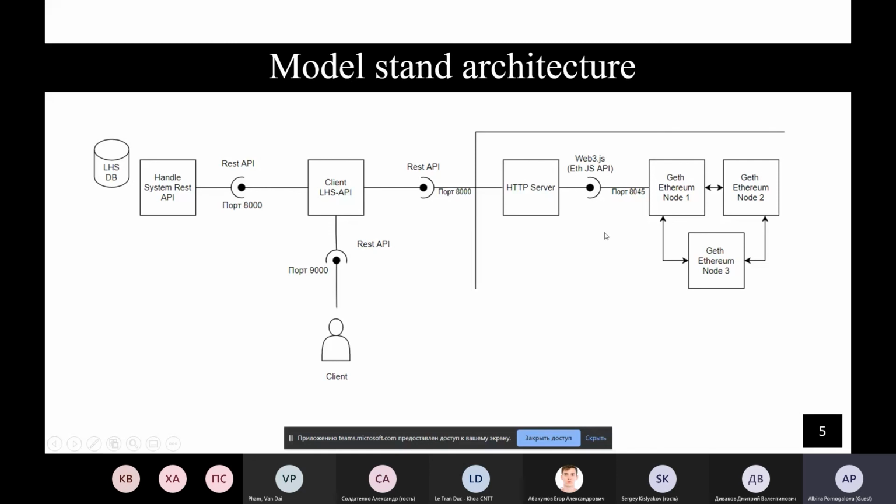We're using an HTTP server. Also, we have the REST API for the client, which works with the main client and with our blockchain system, and also a REST API to handle the system REST API and the LCS database. As you can see, the LCS database can talk with the client and also with our blockchain system.